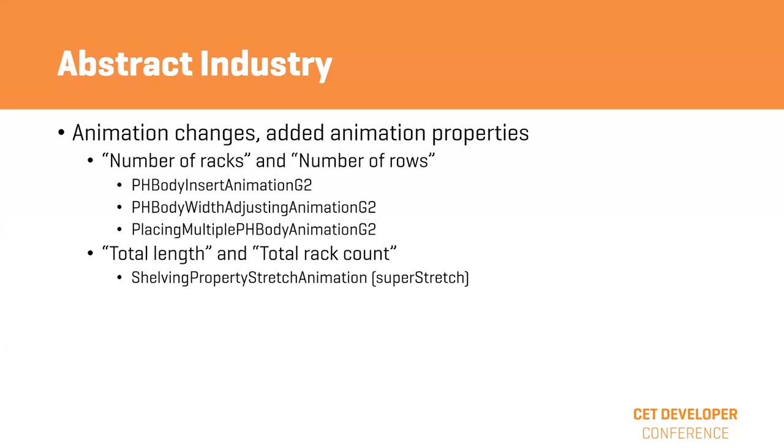This concerns the three animations here, it concerns number of racks and number of rows. And for this last one, that is usually referred to as super stretch, we have added total length and total rack count. Shouldn't really affect you unless you have already added these or some similar animation property that you now could remove.